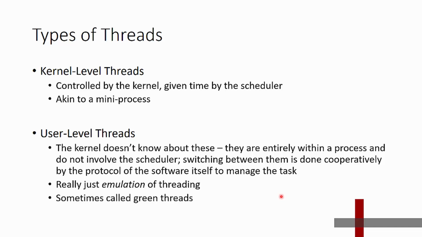These user level threads are a different beast. The kernel doesn't know about these. They are specifically inside the process itself, so they don't involve the scheduler at all. And switching between these things is done cooperatively. It has to do with when the program wants to do something different.